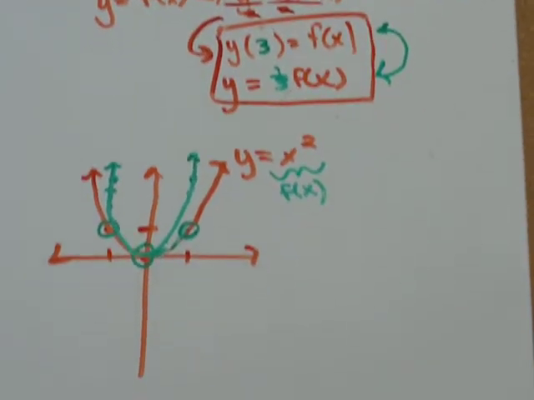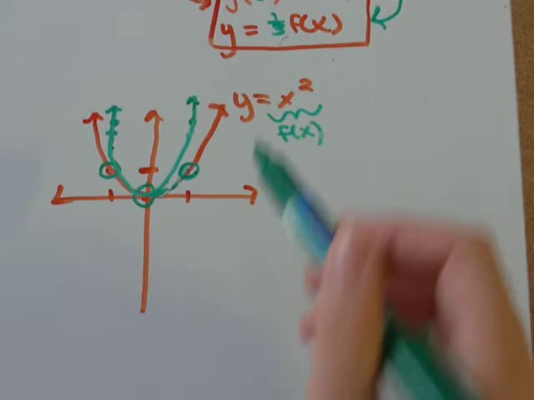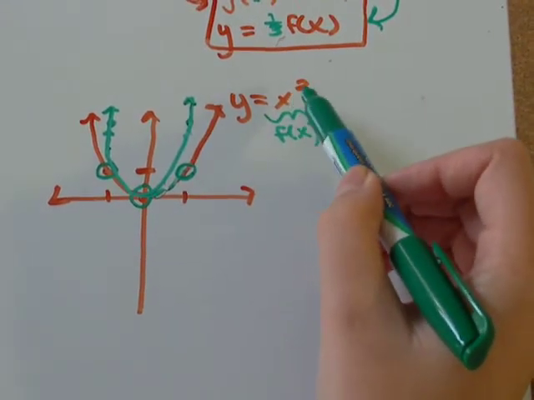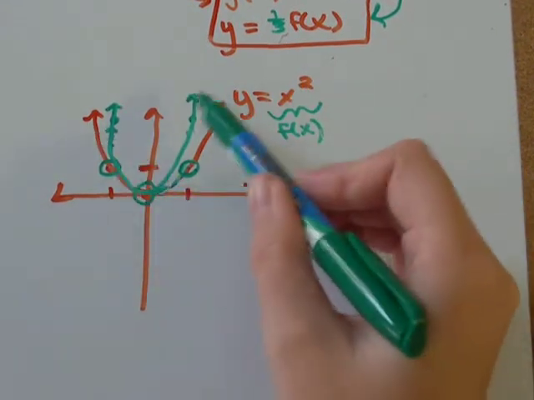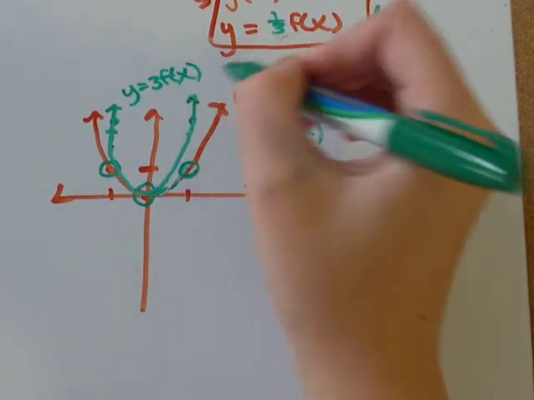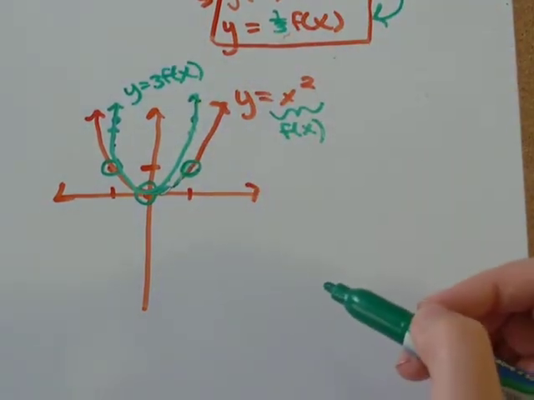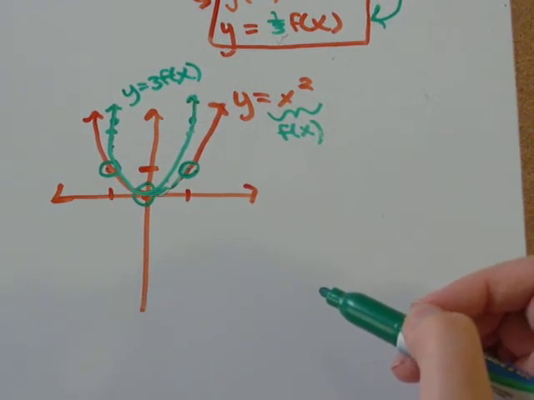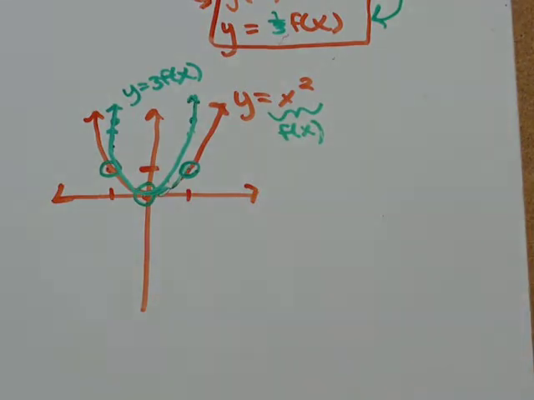And so let's go down to my graph. I've got y equals x squared in orange, and in green here I have y equals 3f of x. That was what I graphed in my last video. That is a vertical expansion or vertical stretch. So in this video we are going to do a vertical compression.